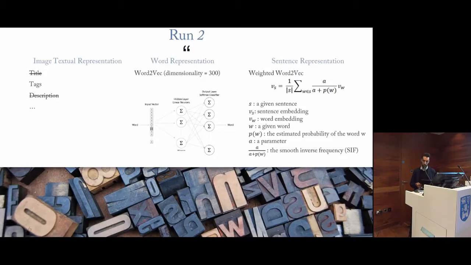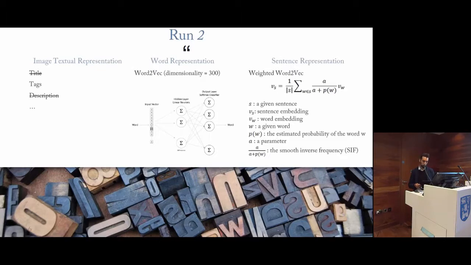We noticed that the tags give a better representation compared to the titles and descriptions. In our approach, we use the tags of an image as a sentence. We use word2vec to encode each word in a sentence, and we use the weighted average word2vec approach to compute the whole representation of the image based on the text sentence.